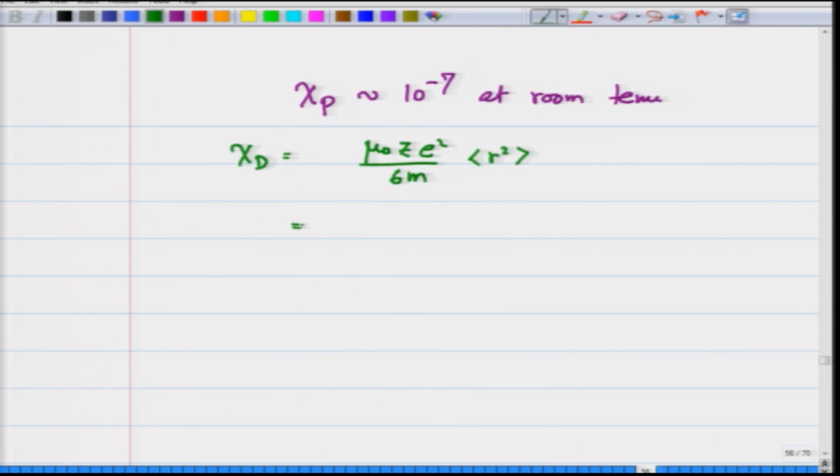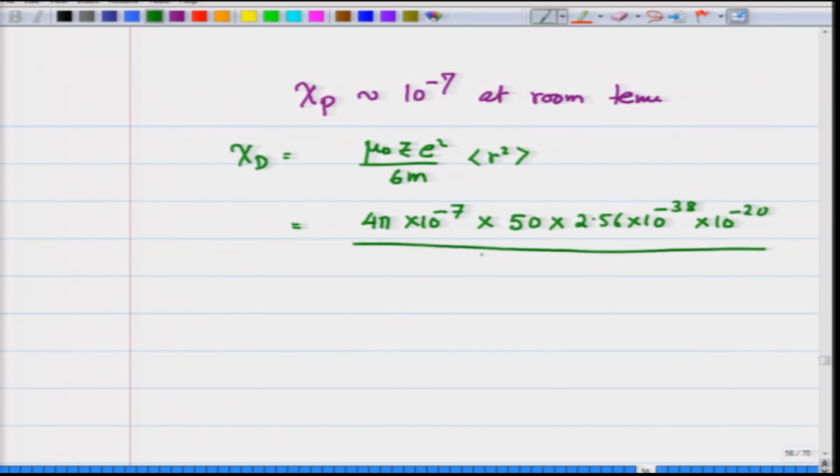Mu 0 is 4 pi times 10 raised to minus 7. Z, let us say we are taking a system of 50 electrons. E square is 2.56 times 10 raised to minus 38. R square I will take of the order of 1 angstrom square. So, that is 10 raised to minus 20 divided by 6 times m, which is of the order of 10 raised to minus 30 kilogram. So, let us now cancel terms.